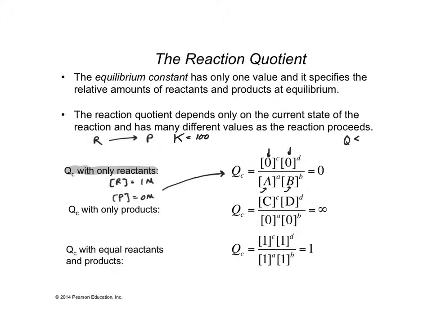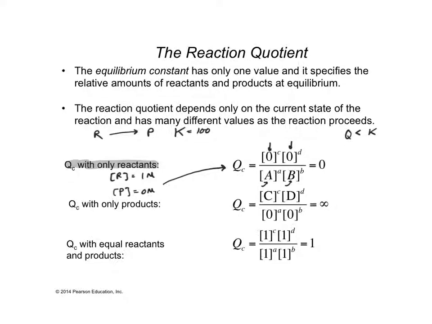So Q is less than K, right? How does this reaction need to shift to get to K? That's the big question. Well, obviously, we don't have any products at this point in time, right? The products are in our numerator, and the reactants are in our denominator. And again, this ratio at this point in time is too small.